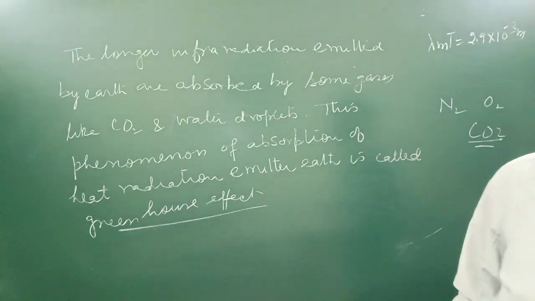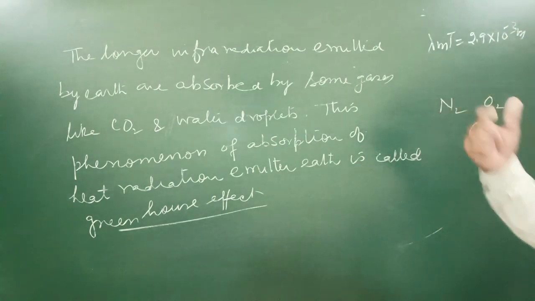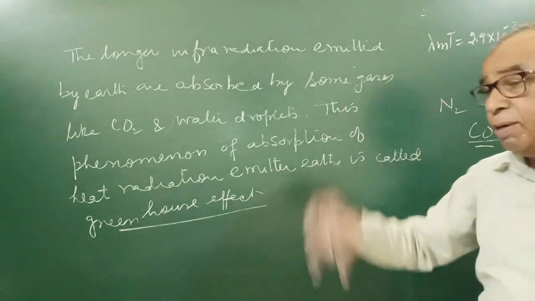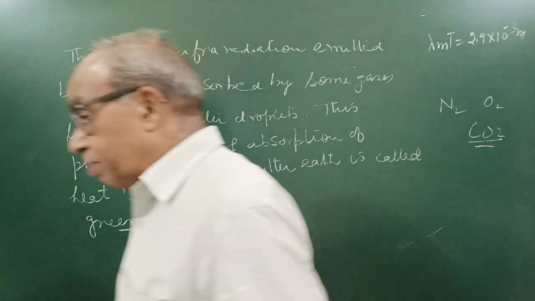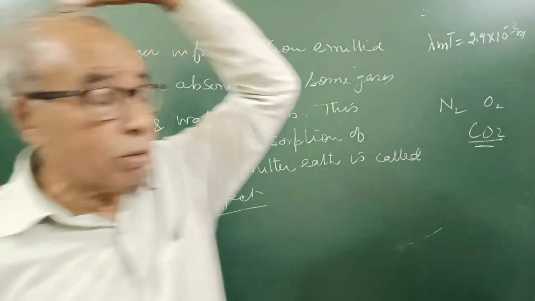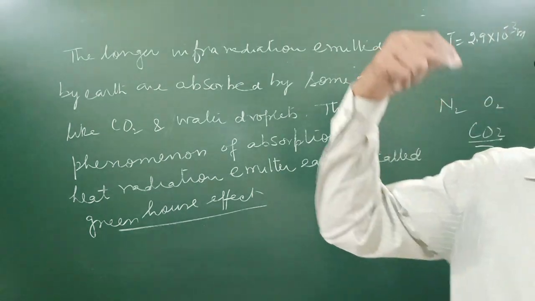Then the earth emits radiation which is not allowed to go out by the glass. It is reflected back and hence maintains the temperature. So people say that this process is the greenhouse effect. No, the greenhouse effect is used there.